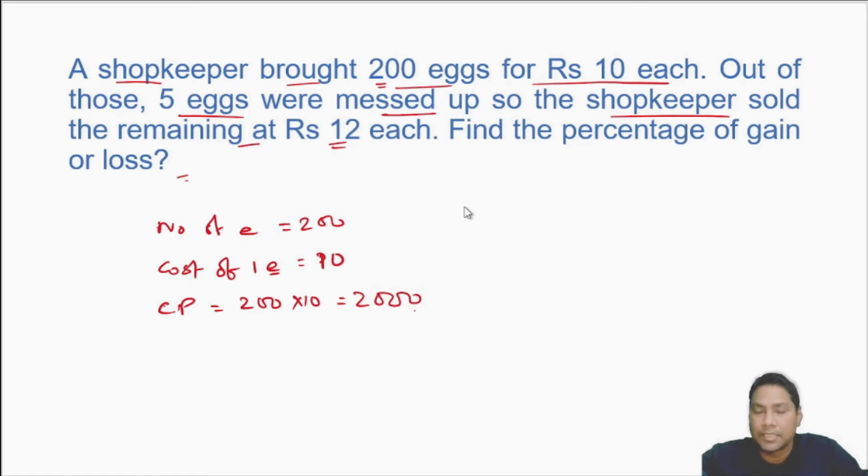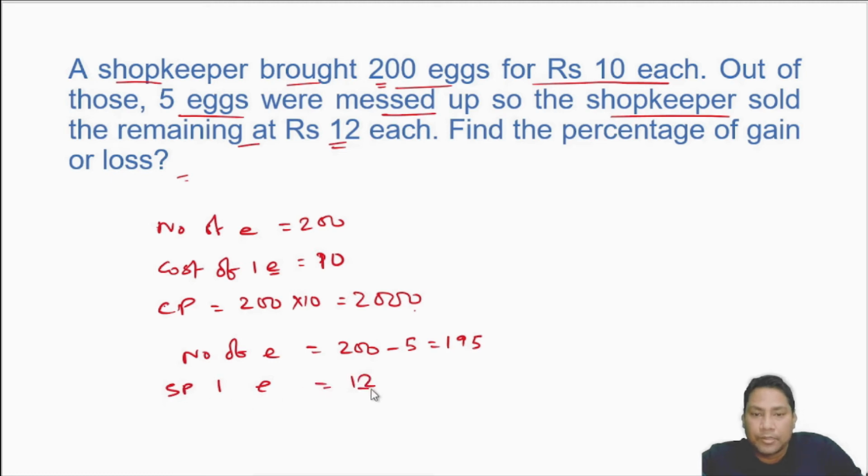Now we will calculate the selling price. For selling, the number of eggs: 5 being messed up, the number will become 200 minus 5, which is 195 eggs. The selling price of one egg is 12 rupees.